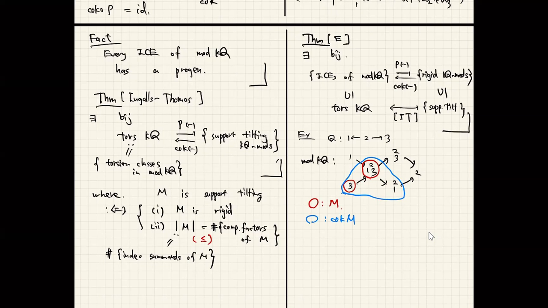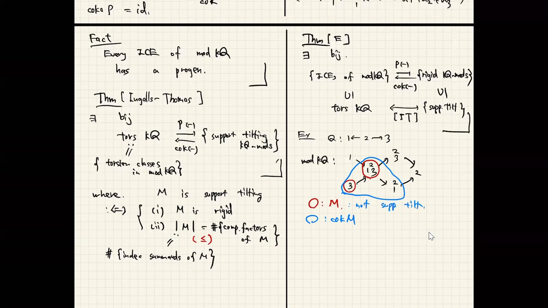And actually, this M is not support tilting because the number of composition factors is 1, 2, 3. So this number is 3, but there are 2 indecomposable summands. So this equality doesn't hold. So M is not support tilting.